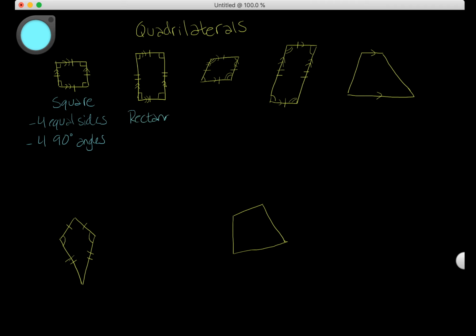Like the square, we have 4 sides here, and 2 sets of parallel lines, horizontal and vertical. It's important to know that the opposite sides are equal. And we have 4, again, 90-degree angles.